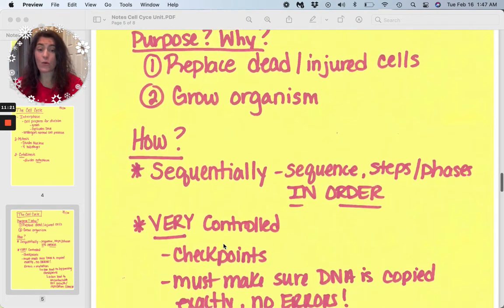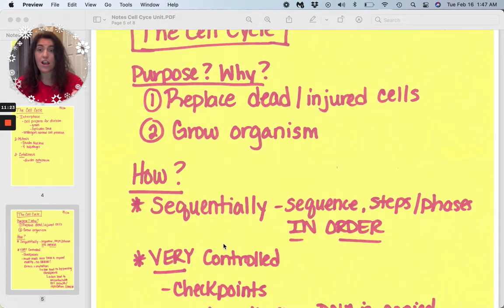So when it's going in that order, it is not going to go to the next step until it is absolutely ready to go on to that next step, because there are going to be very important checkpoints. So before that cell can go from interphase into mitosis, or mitosis into cytokinesis, and then even within mitosis, before it can go into the next one, the cell is going to check to make sure everything is ready to go.